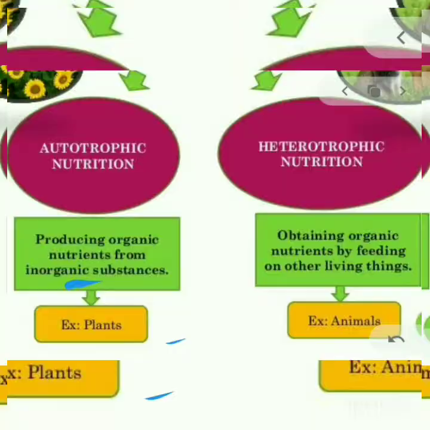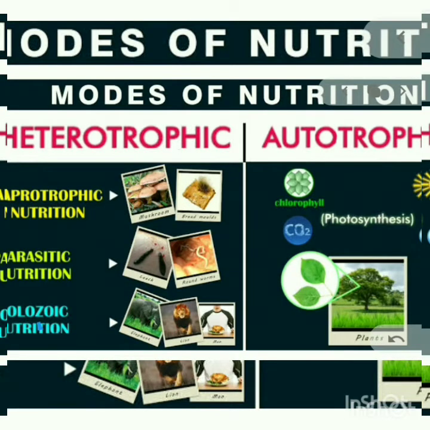Now we will see a few examples of it. Saprophytes are vulture, eagle. Parasites are worms, lice. Holozoic, snake, whereas autotrophs are plants which prepare their food through the process of photosynthesis.